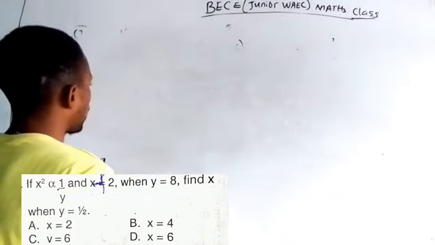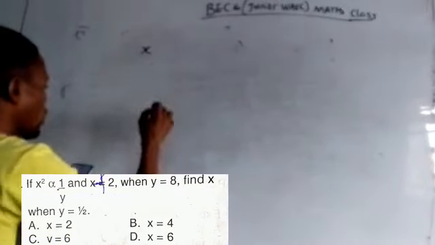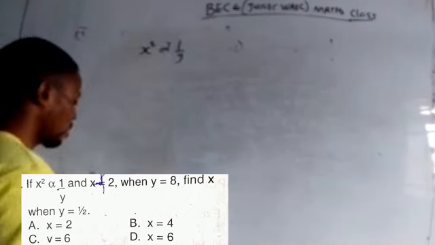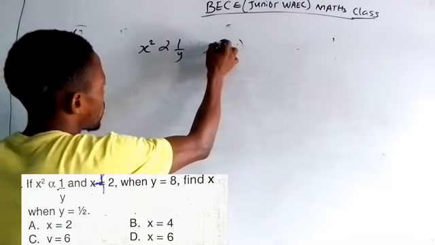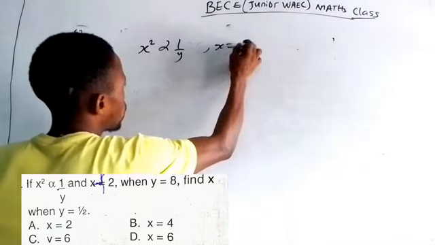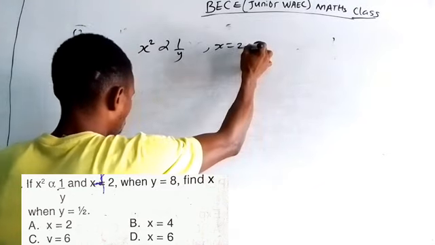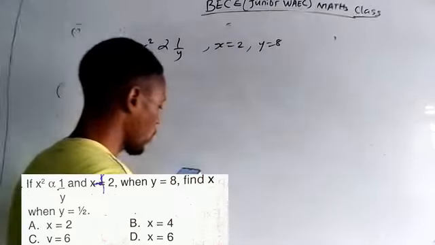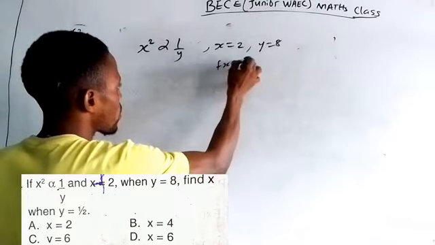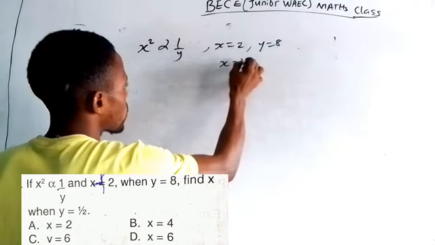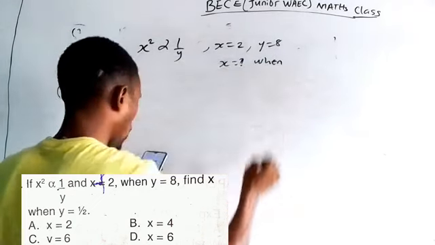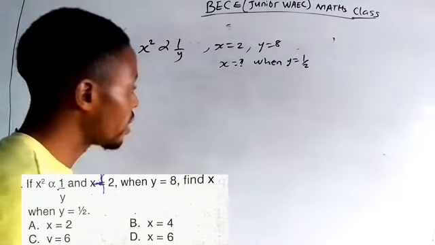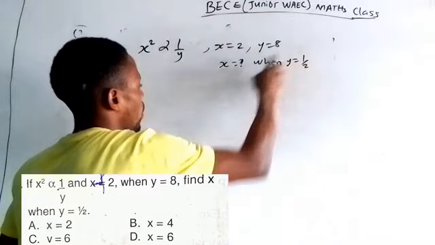If s squared is proportional to 1 over y, and we're given s equal to 2 and y equal to 8, we want to find the value of s when y is 1 over 2.